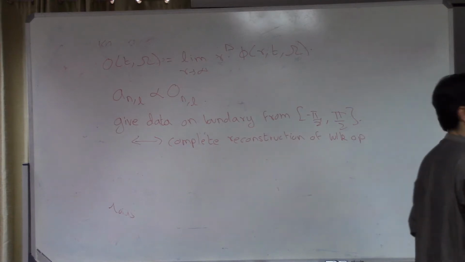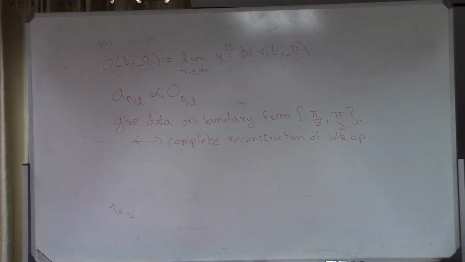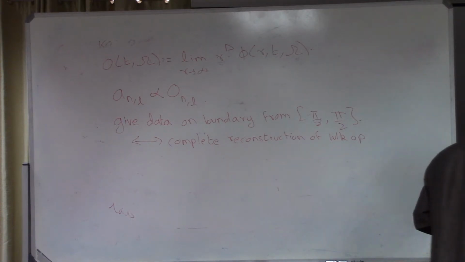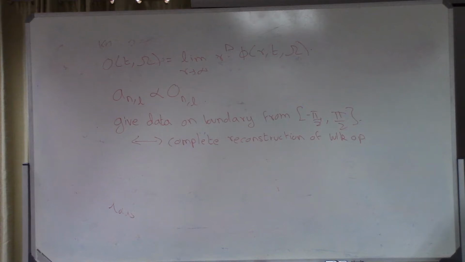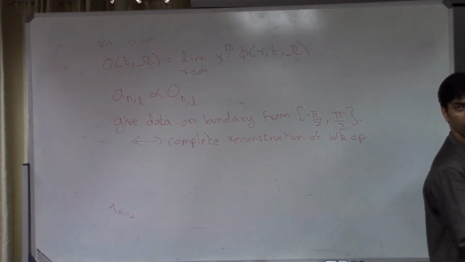There's another way to see this. The other way to see this is to recognize that if you look at the causal wedge of this region. So if I give you this region, this band from minus pi by 2 to pi by 2, and on both sides of course, and you look at the causal wedge of this region, that contains a complete Cauchy slice in the bulk. Okay. So there's a complete Cauchy slice that runs through here, that's contained in the causal wedge of this region on the boundary.